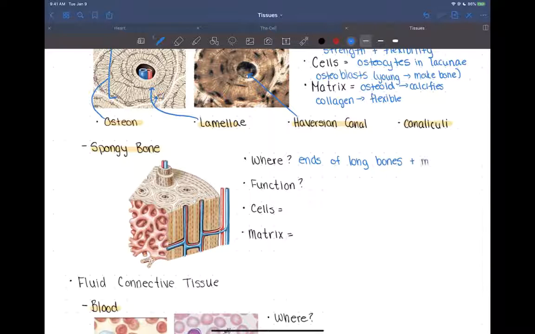If we had a flat bone, you would have something like a sandwich, or an Oreo. Compact bone is the Oreo cookies, and in the middle you have a layer of spongy bone. That's your flat bone.